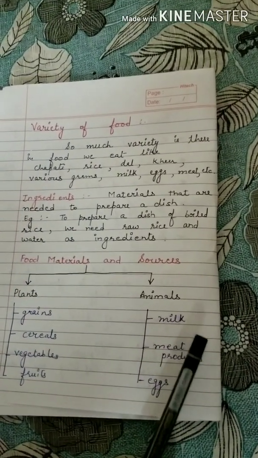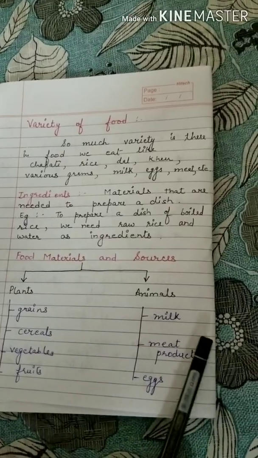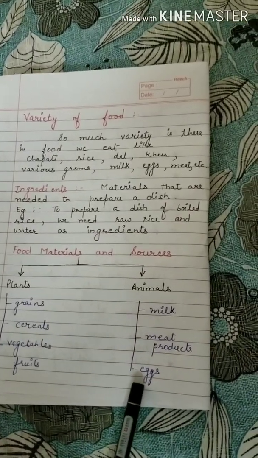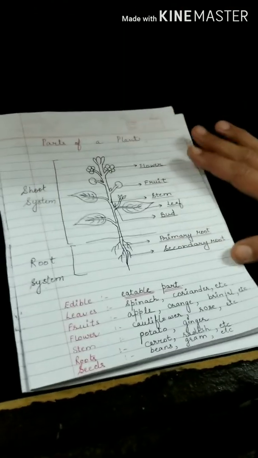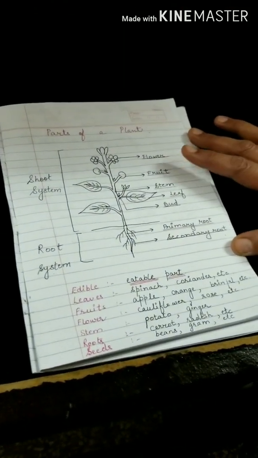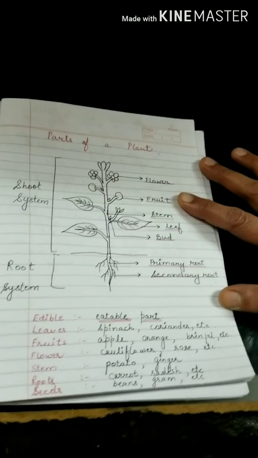Then from animals, we are having milk, meat products and eggs. So after knowing that food is coming from two basic sources, plants and animals, now we will be studying various parts of a plant.